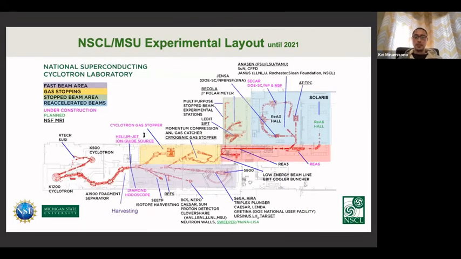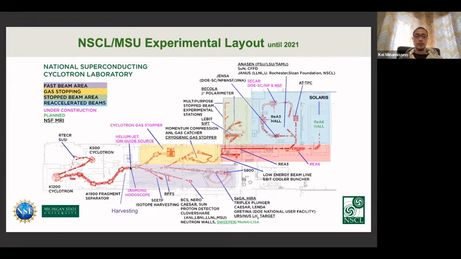Okay, so the experiment was performed at the National Superconducting Cyclotron Laboratory at Michigan State University. We use the cyclotrons to accelerate the primary nickel 58 beam up to high energy, impinging on a production target, and produce nickel 54. The produced nickel 54 was selected from many other reaction products using the A1900 fragment separator.